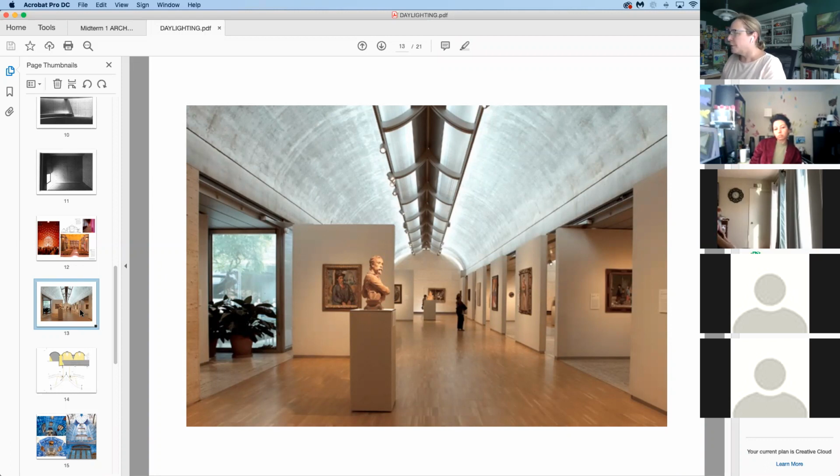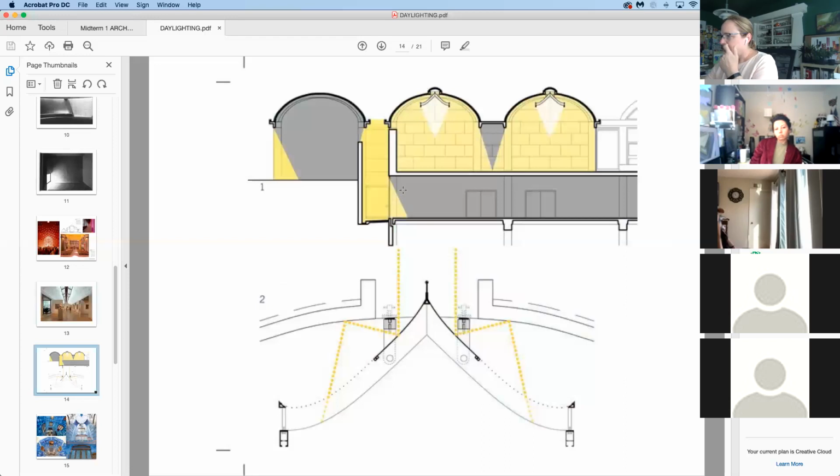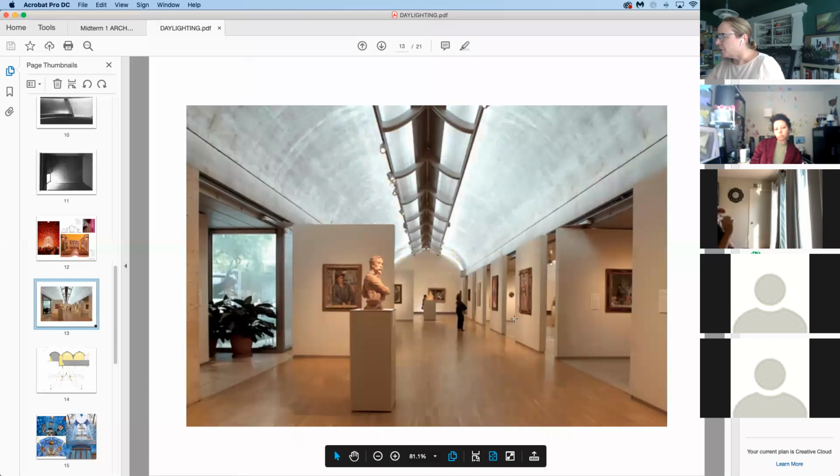This is one of the galleries where he did a series of barrel vault galleries with a well-articulated skylight running down the center, with baffles that help balance and reflect the light off the curve of the barrel vault so that there's no direct gain on the wall surfaces, because paintings are very susceptible to fading in light.